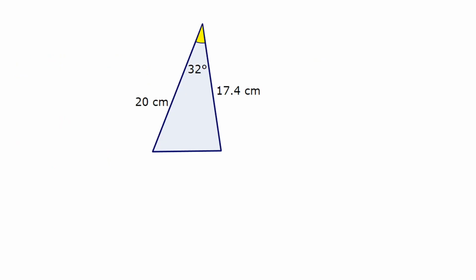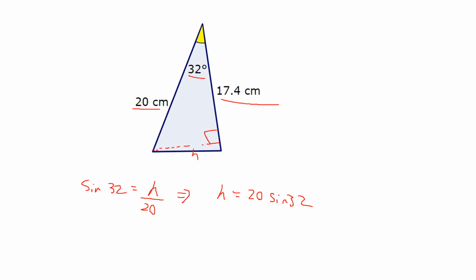So for this one, we have two sides and an angle. First thing we can do is draw a height. Okay, so that's a perpendicular height, isn't it? So then sine 32 is going to be equal to, if I call this height h, over 20, which means that the height is equal to 20 times sine 32.